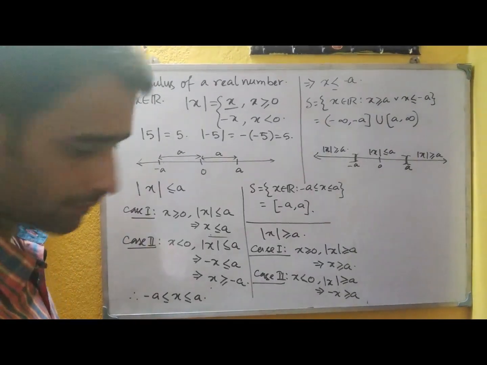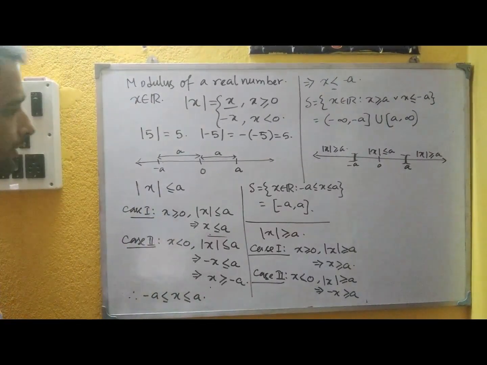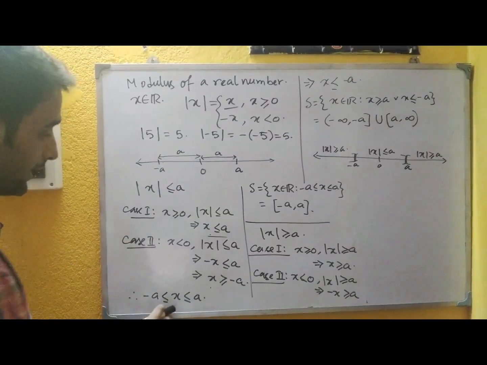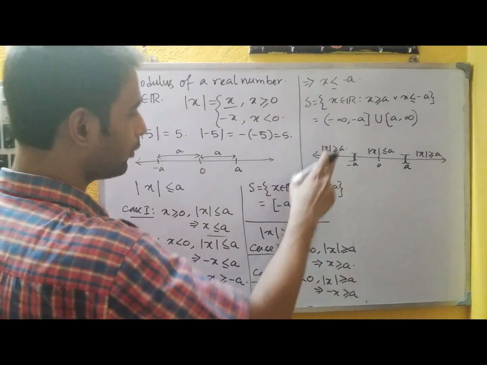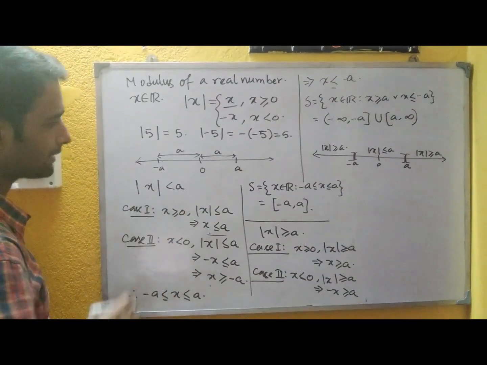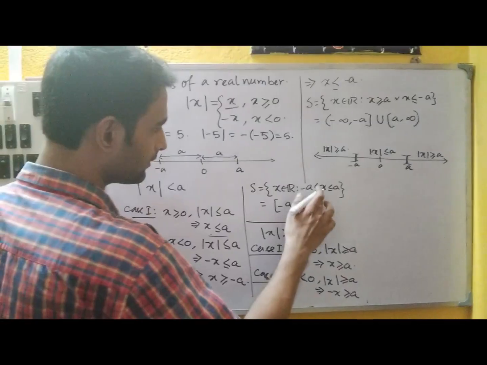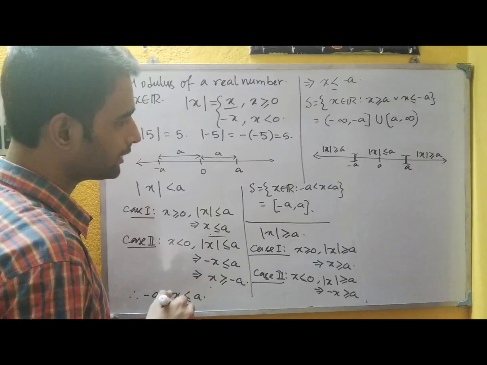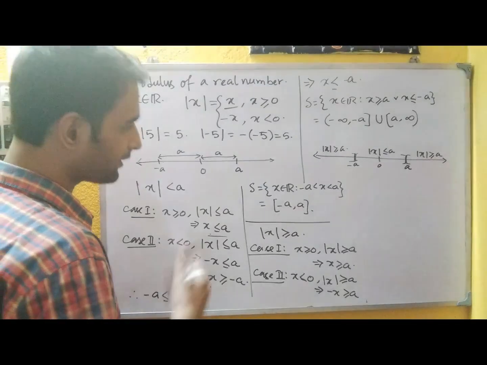So what should be the case for only strictly less than? The solution sets will consist of only open intervals. If it is only mod x less than a, then the final solution will be with the strictly less than sign.